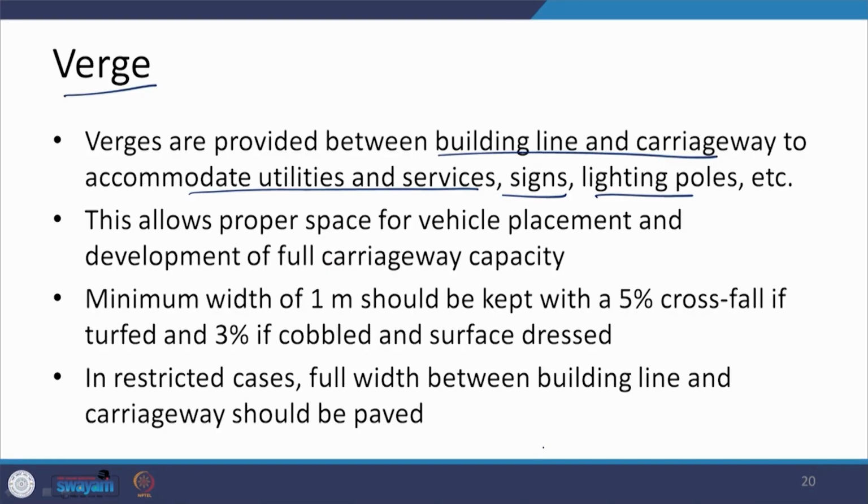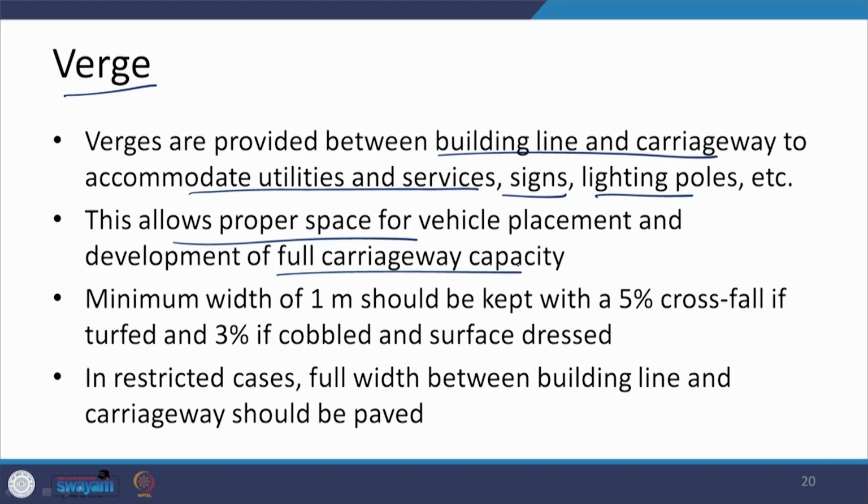Then when it is provided on the side of the carriageway, it also allows a proper space for vehicle placement, and it will also allow the development of the full carriageway capacity, because now you are not restricting things, you have an open space available. So, that is going to work in a positive manner towards the capacity of the road or capacity of a lane.